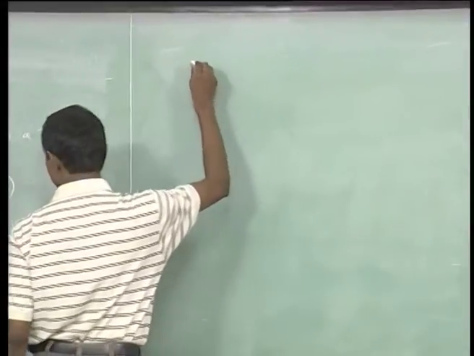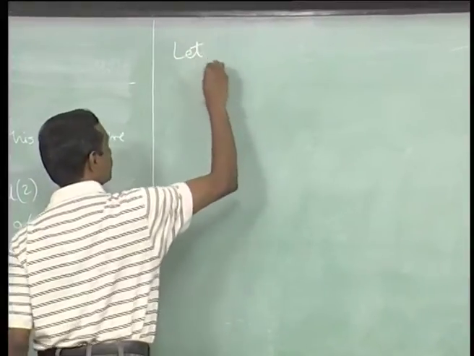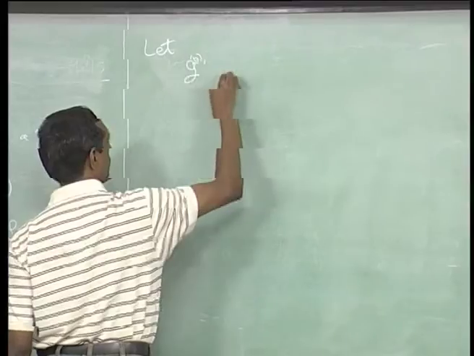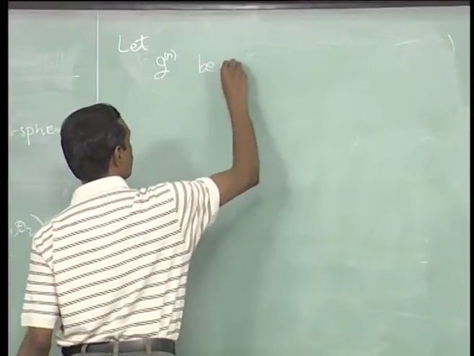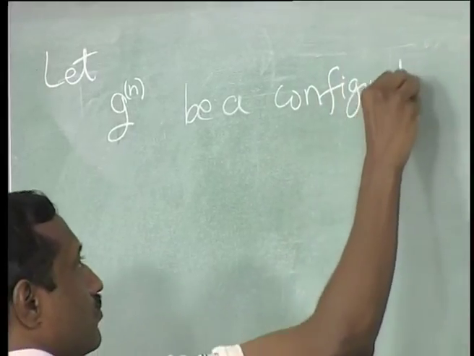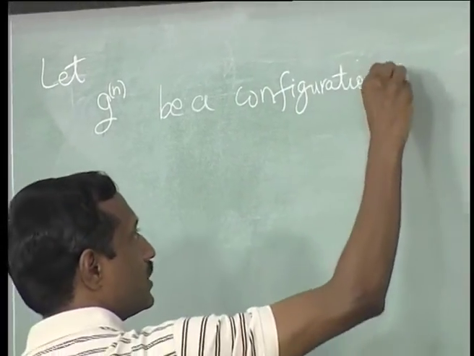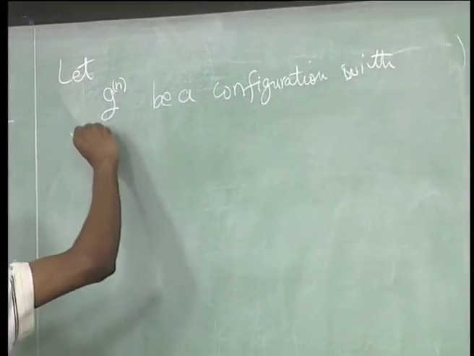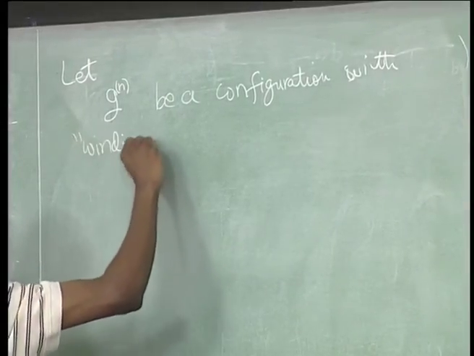So, let us write something like this: g of some n, a configuration with winding number n. We have to define this thing, I will just call it winding number.